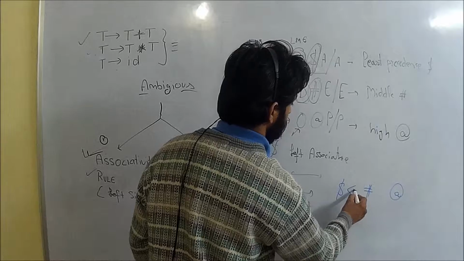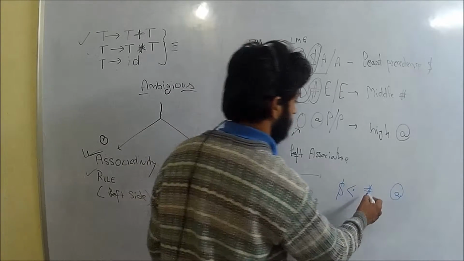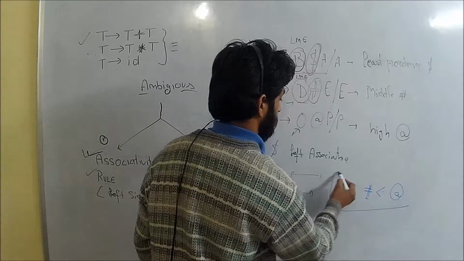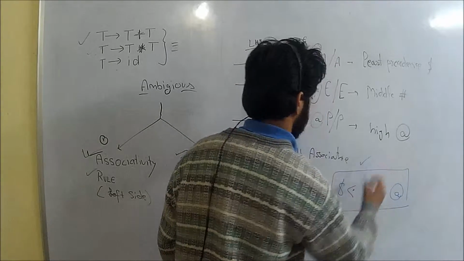So the least precedence is dollar. After that I have hash, then this one.